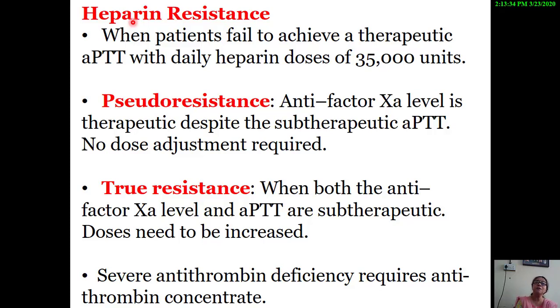Another probable reason which has been given to explain resistance is that there could be accelerated clearance of heparin in these particular patients. So these are the probable reasons, and patients with true heparin resistance require an increase in the dose of heparin to get the required therapeutic levels of APTT and anti-factor 10.